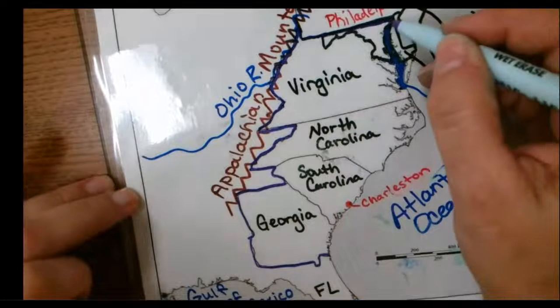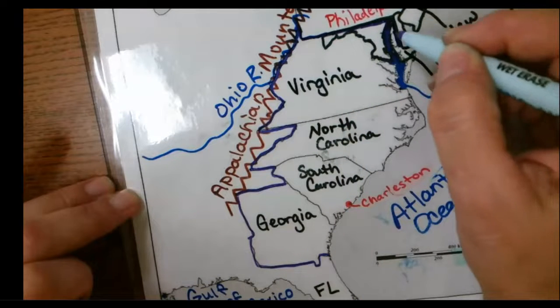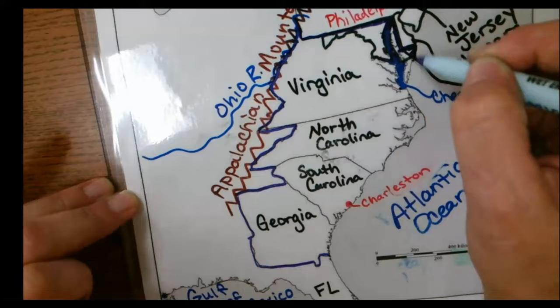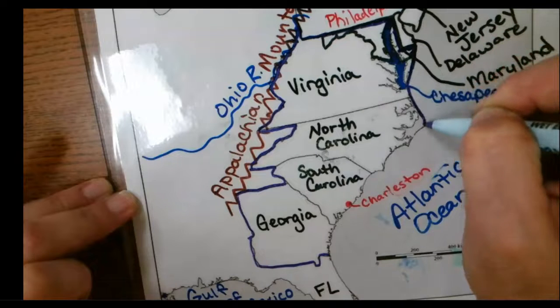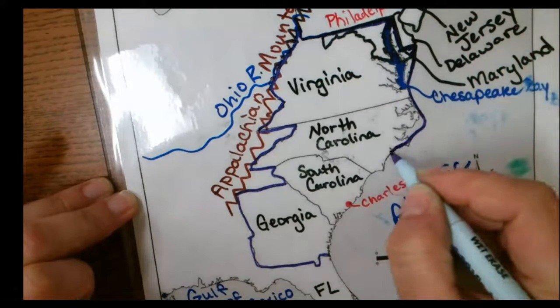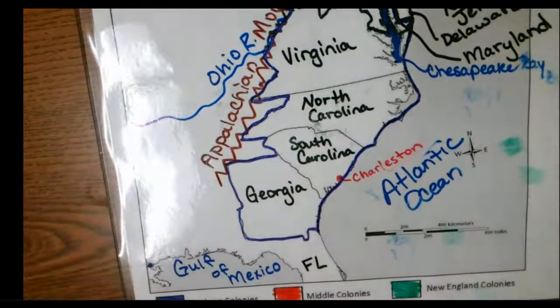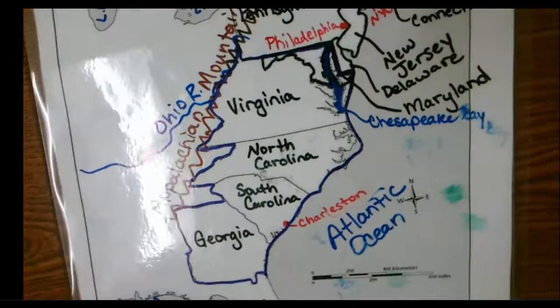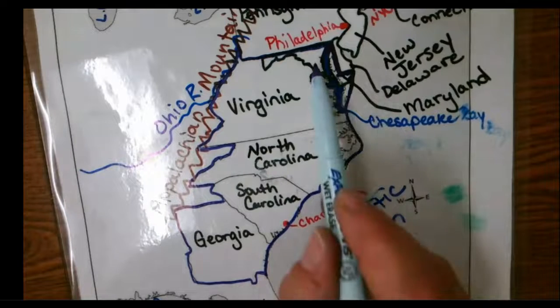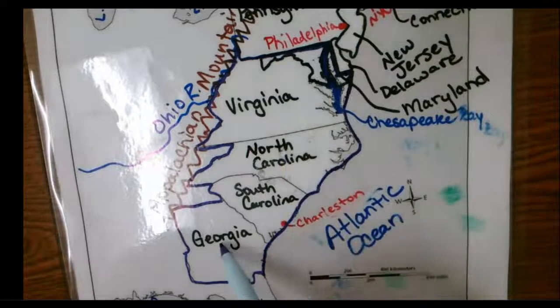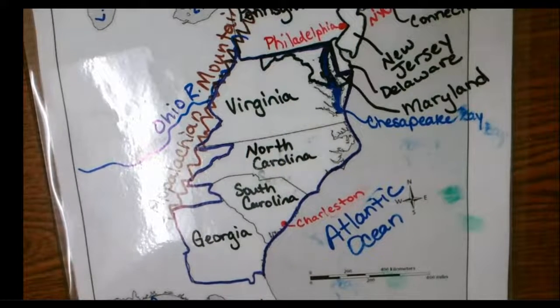But I'm not going to put Delaware in the southern colonies. So I'm drawing a purple line all the way around them, indicating that those are the southern colonies. How many southern colonies do we have? Count them. We just outlined them. 1, 2, 3, 4, 5. There are 5 southern colonies.